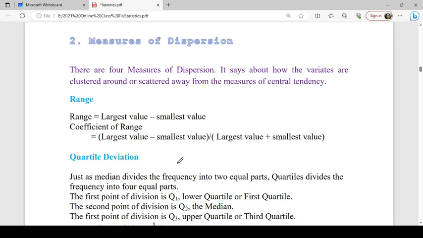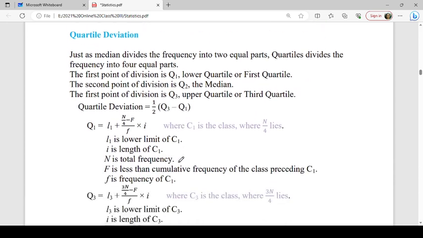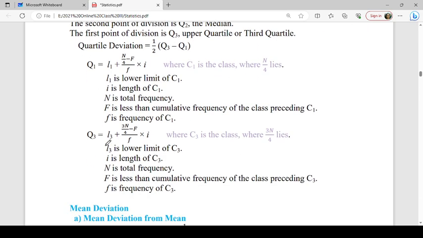Then quartile deviation. Quartile deviation is like median. 2 quartiles are there. One is lower quartile Q1 and the other is upper quartile, Q3. You find Q1 and Q3 according to this formula.